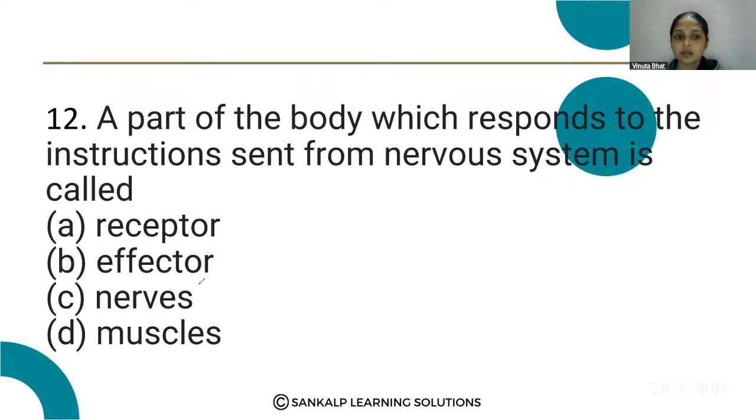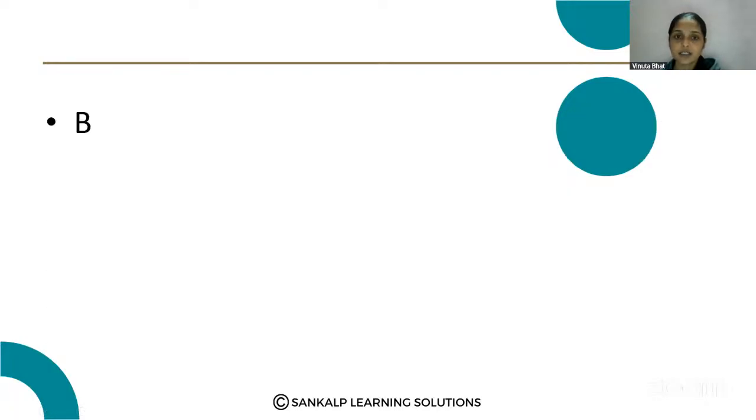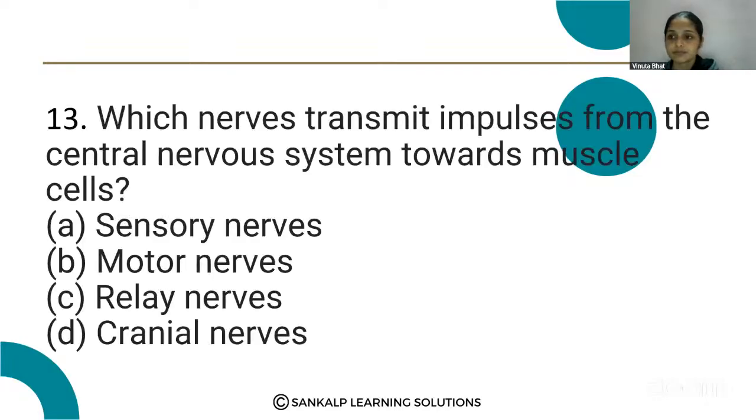It is the muscles. So the receptor receives the information, and the effector responds. So effector is the muscles, which are able to respond to the information sent by the nervous system. Effector is the correct answer.